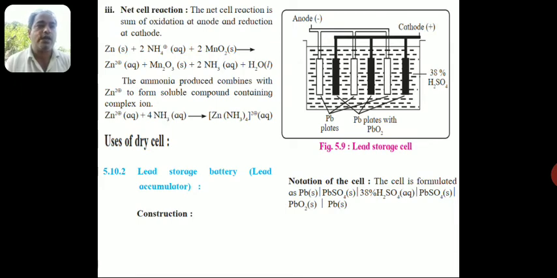It is named lead storage battery, and keep in mind the word storage is very important because it is just a storage of electricity. While discharging it gives electric current, and we can recharge this cell by applying external electric current to it.